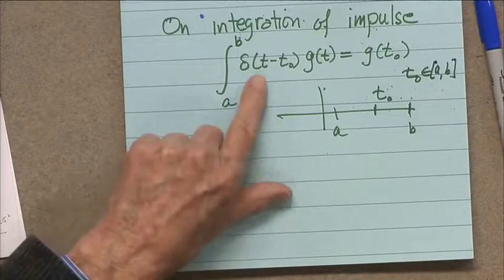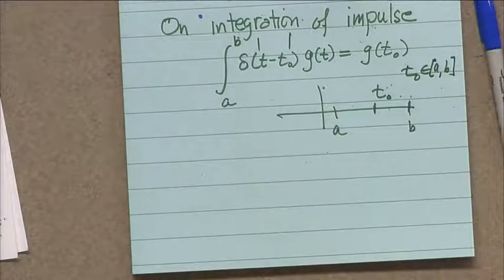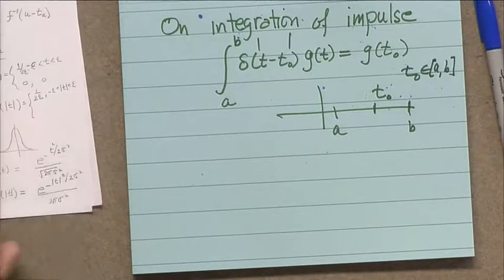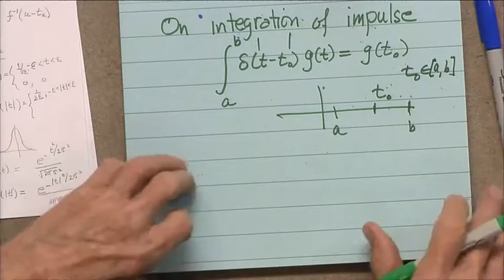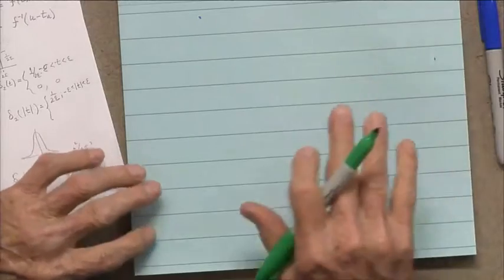But what about if we put absolute values there, the absolute value of t minus t0? Well, I've thought about that problem, and this is the way to look at it.